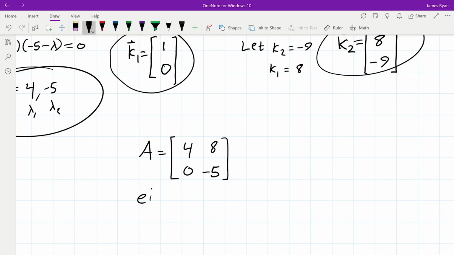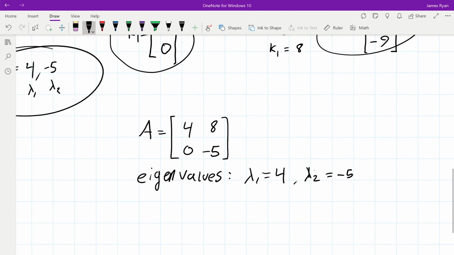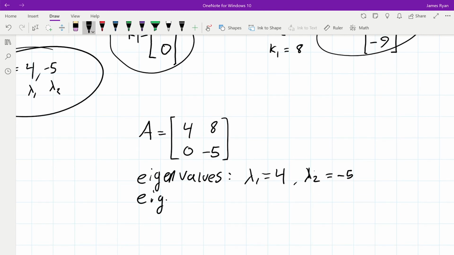The eigenvalues: lambda 1 is 4, lambda 2 is negative 5, and then the eigenvectors are k1, which is associated with lambda equals 4, is 1, 0.